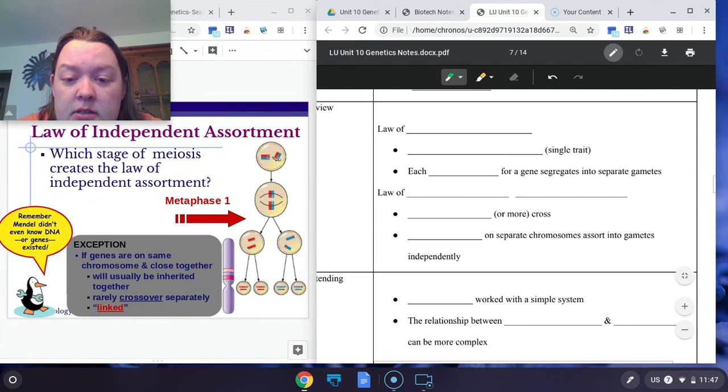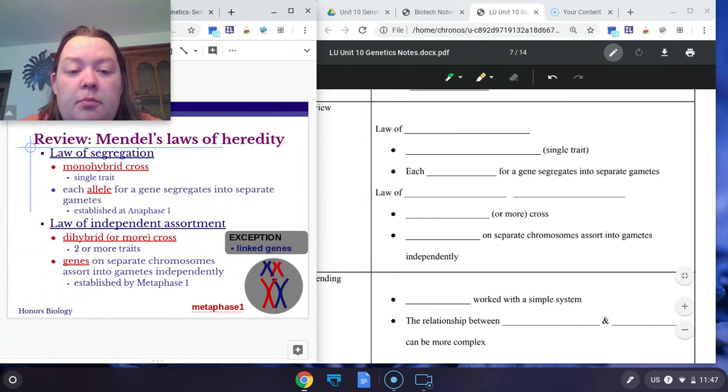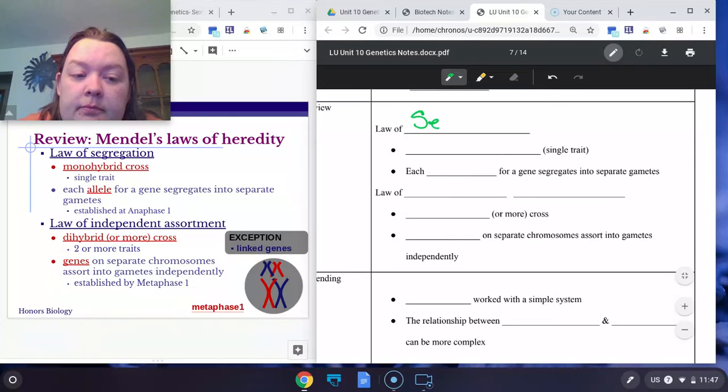And that leaves us with just a quick review before we go into more complex modes of inheritance. So, Mendel's law of segregation. This happens when we're looking at monohybrid crosses.